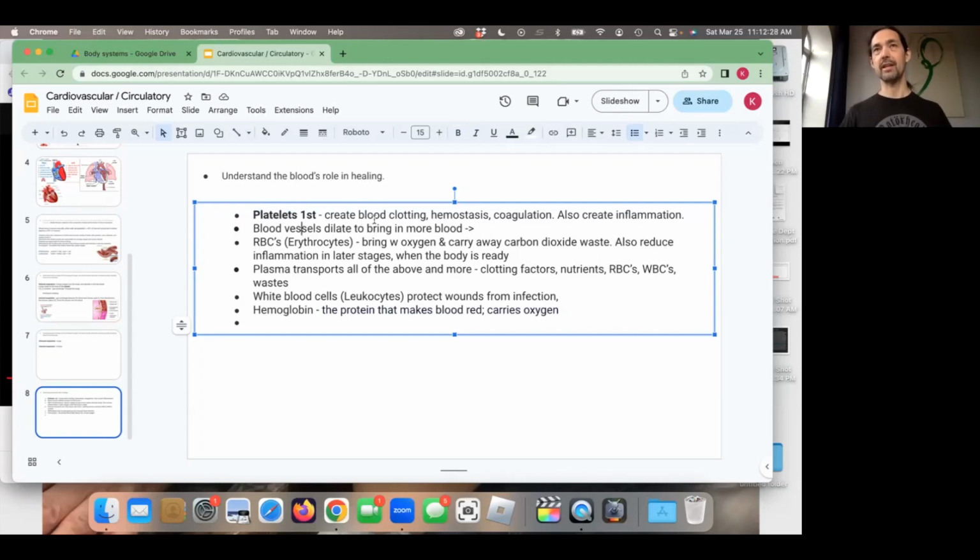If there is any extravasation of blood outside the blood vessels, for example, if you have a muscle tear or a bone bruise or a fracture or a bruise or a cut, all those involve broken capillaries or some kind of broken blood vessel.